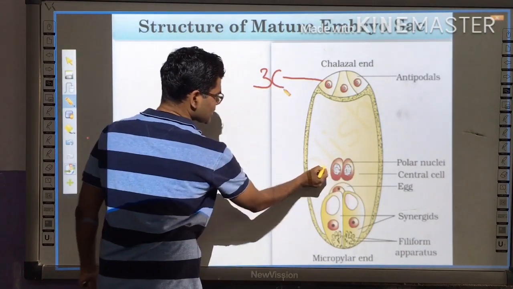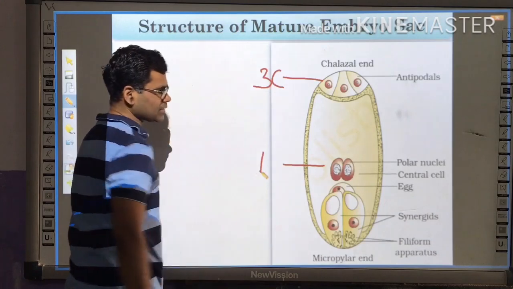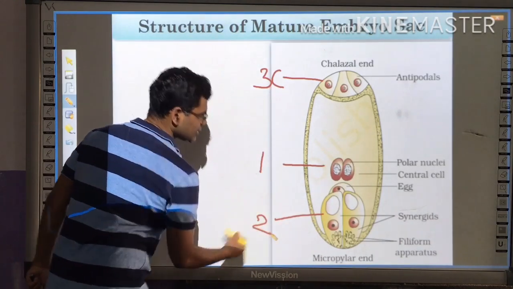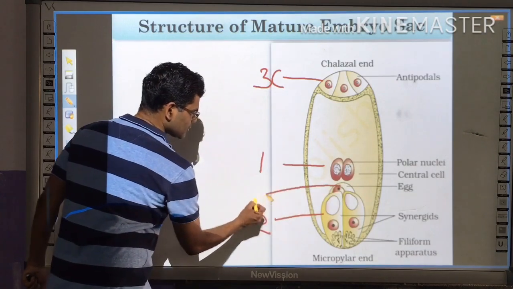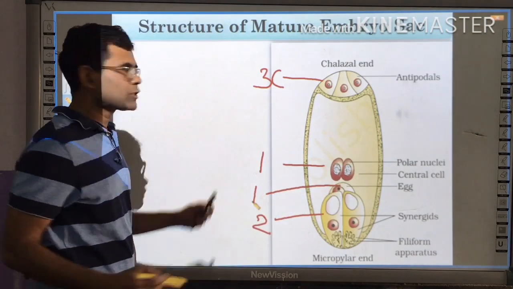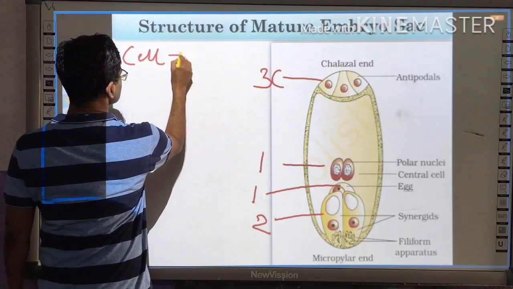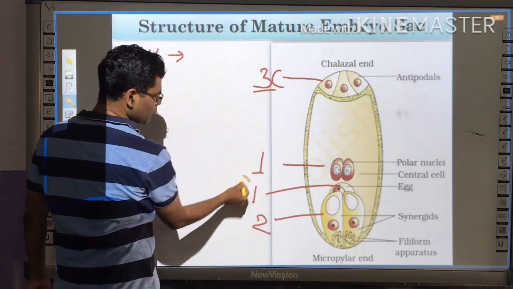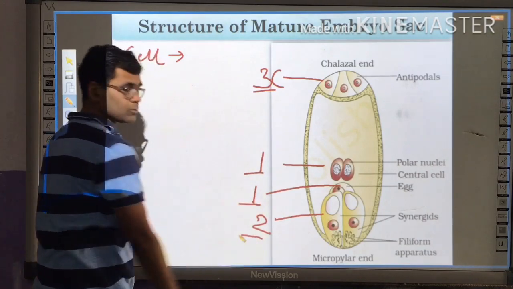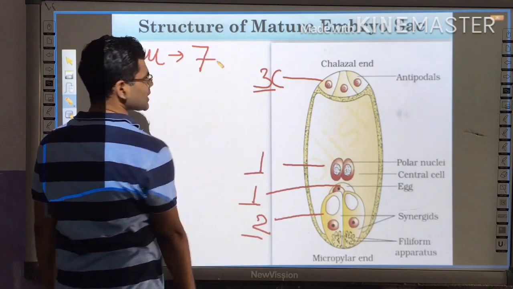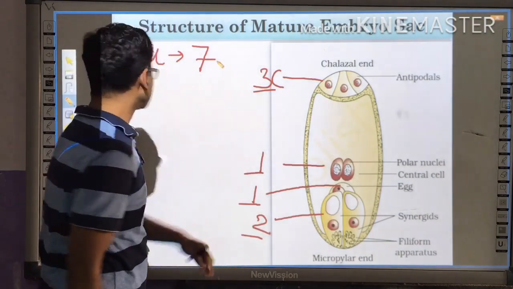How many central cells are there? 1 central cell. How many synergids are there? 2 synergids. And how many eggs are there? 1 egg. So if we talk about cells, 3 plus 1 is 4, plus 1 is 5, plus 2 is 7. So there are 7 cells.